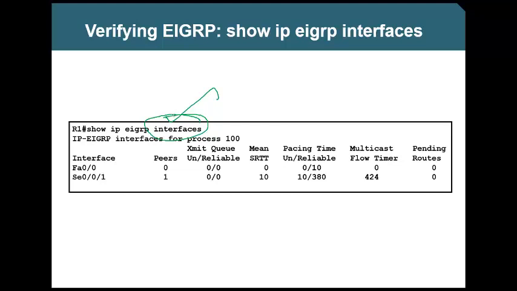So all those passive interfaces configured under EIGRP will not be listed when you type the command show ip eigrp interfaces.